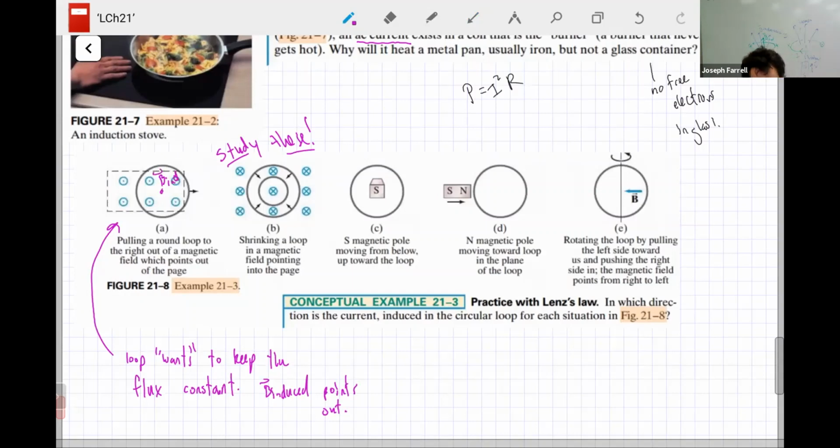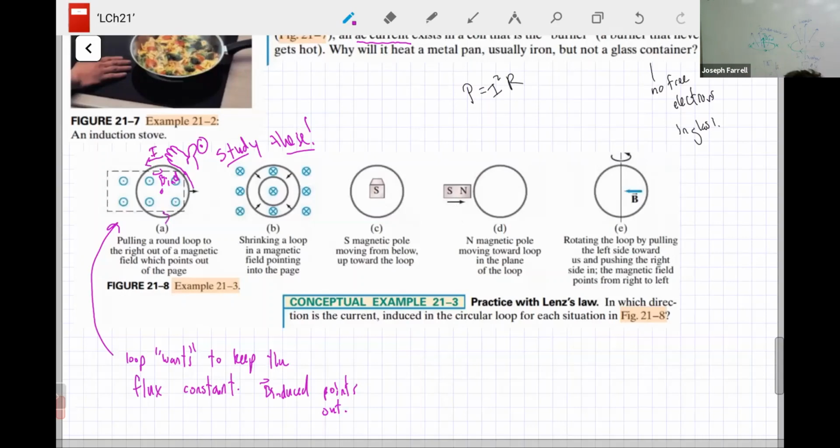And so which way is going to give us that direction of the magnetic field? Here I will use the new right-hand rule thing I kind of told you about. If my thumb is coming out of the page, then the current is going around that way.